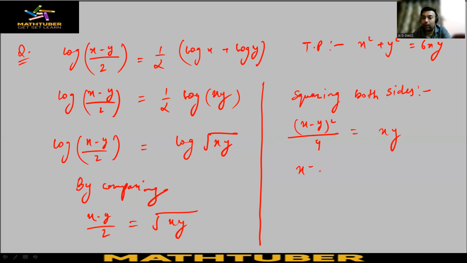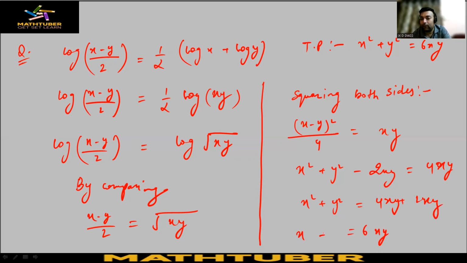Now x square plus y square minus 2xy is equal to 4xy, and this 2xy will go to the other side. So x square plus y square becomes 4xy plus 2xy, and therefore it will become 6xy. And this is how we have proved that x square plus y square is equal to 6xy, right?